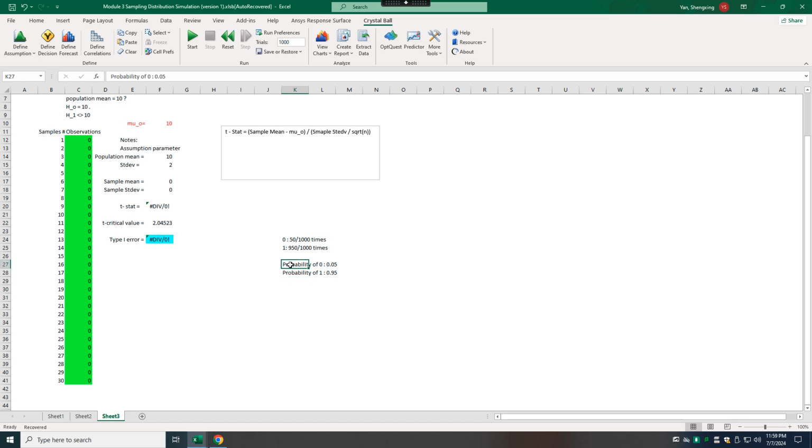So what does it mean, 0? 0 means our type 1 error doesn't happen. And what does 1 mean? 1 means our type 1 error does happen.